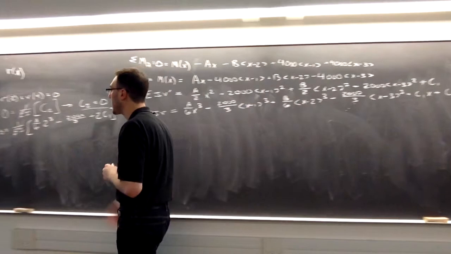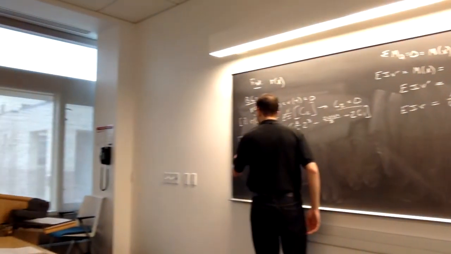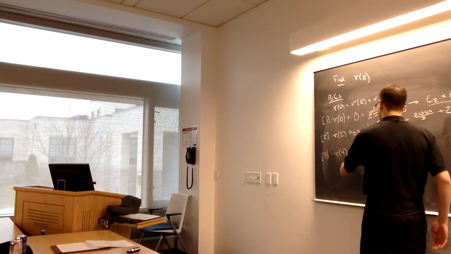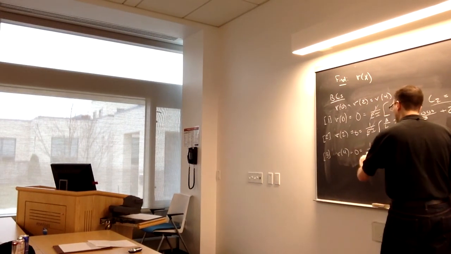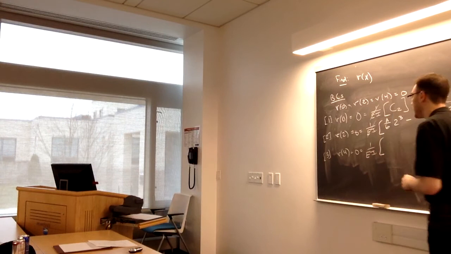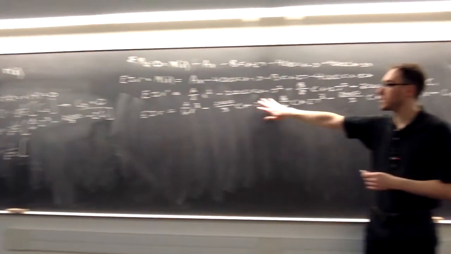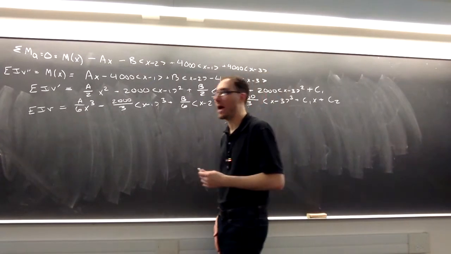So I have to make more equations to be able to solve for these unknowns. So my third equation is now my third boundary condition for V of 4. It's another deflection equation. I use the same equation again, but evaluated at x equals 4.